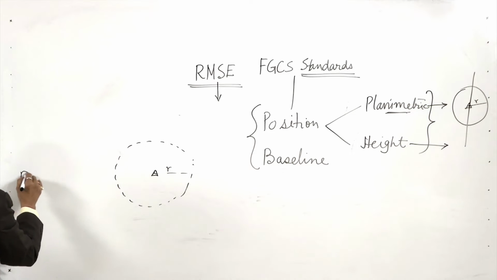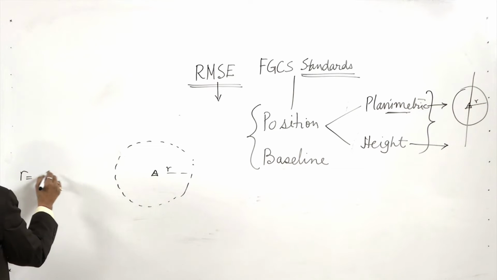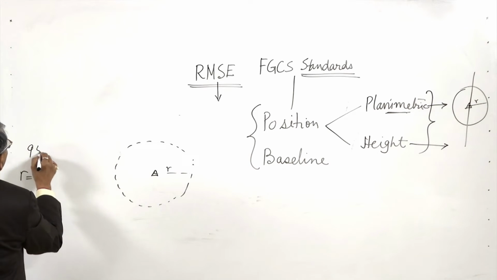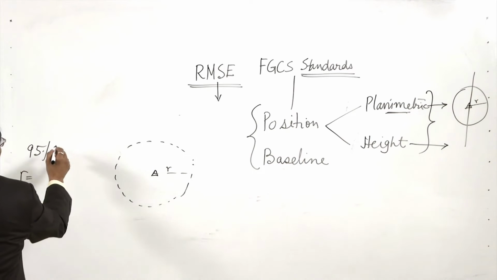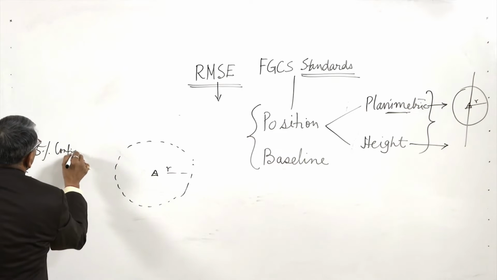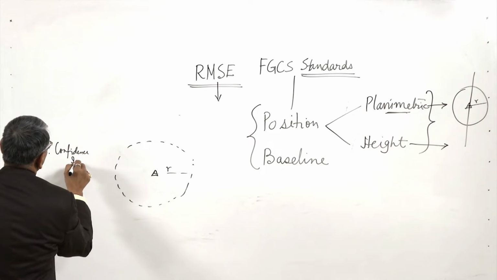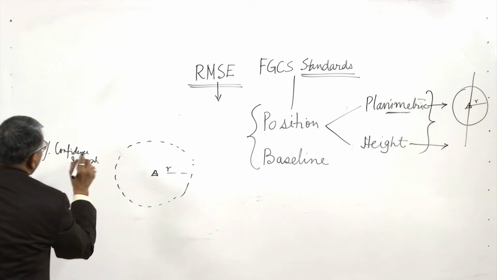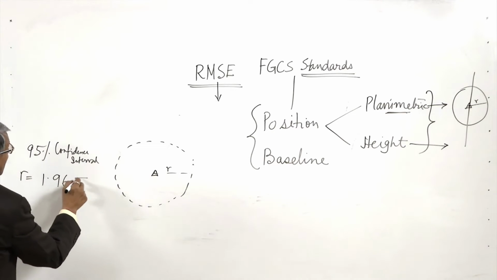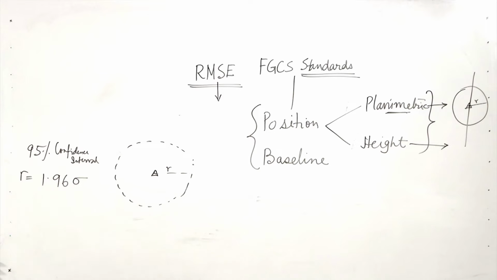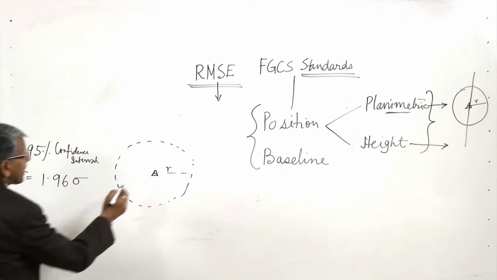Generally we take r for 95% confidence. So, 95% confidence interval, that means 1.96 sigma.